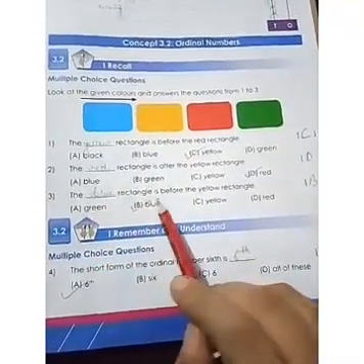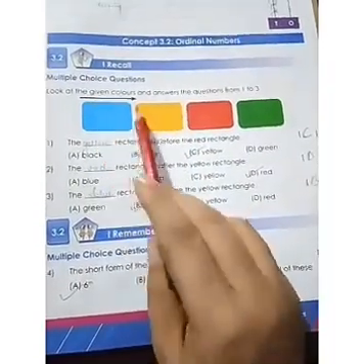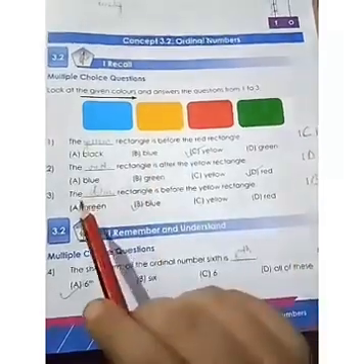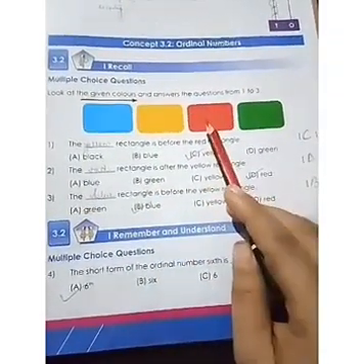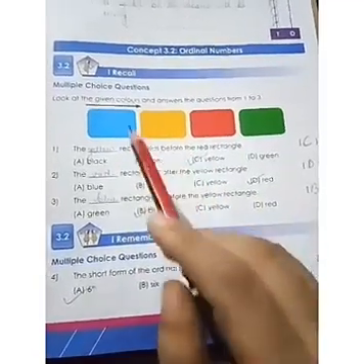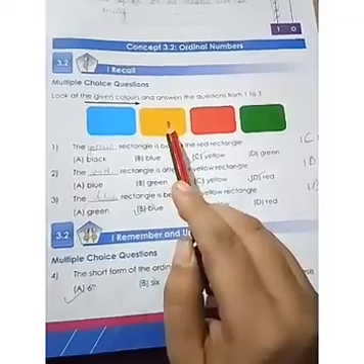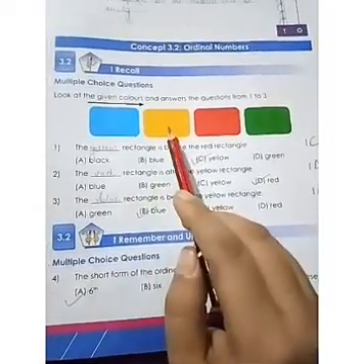The dash rectangle is before the yellow rectangle. So which is before here? The blue rectangle is before the yellow. Yellow is before red and red is before green. Now let me tell you one thing here. Yellow is after blue. The position of yellow color will be after blue.